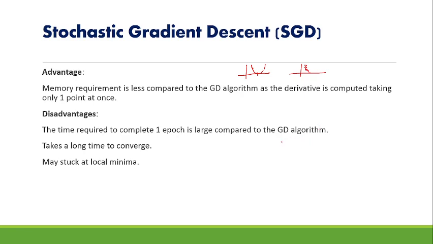So to complete one epoch it takes time, and it takes long to converge as the graph is not smooth. Reaching this point takes too much time, and it may get stuck at a local minimum, so sometimes it will get stuck also.